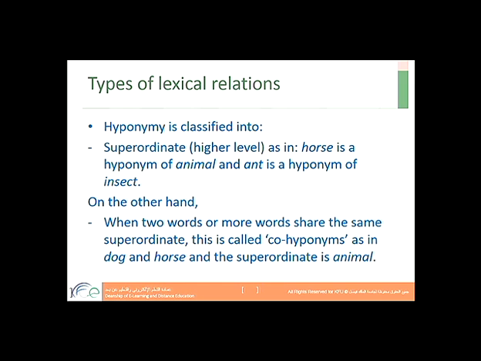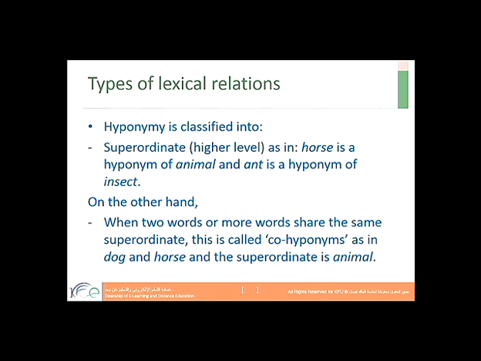On the other hand, when two or more words share the same superordinate, this is called co-hyponyms, as in, for example, dog and horse, because they both come under animals, we call them co-hyponyms, and the superordinate is animal.